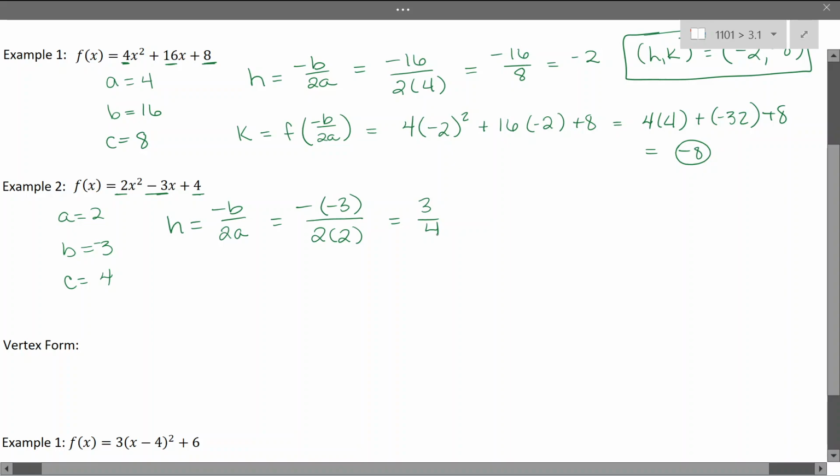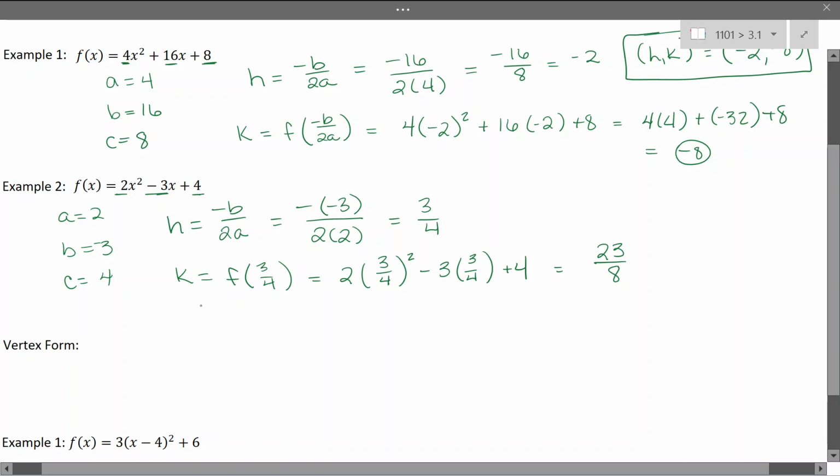Next, we'll plug our h back into our function to get our k. So that means we have 2 times 3/4 squared minus 3 times 3/4 plus 4, which gives us 23 over 8.